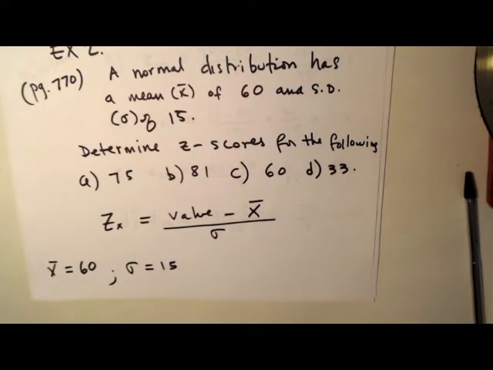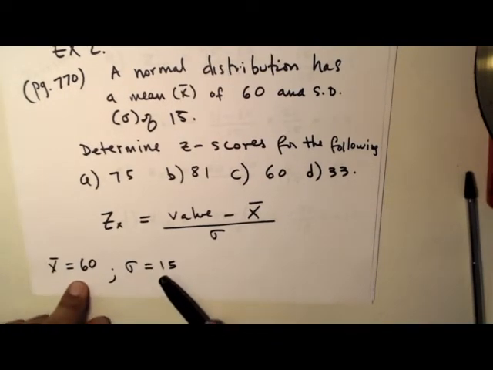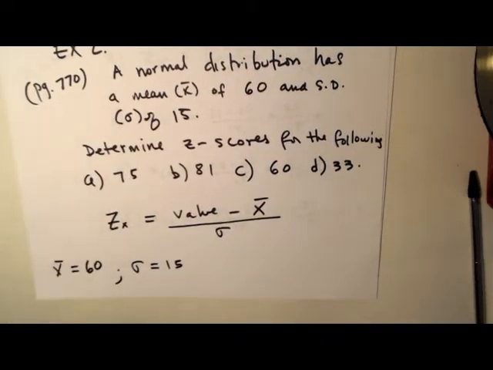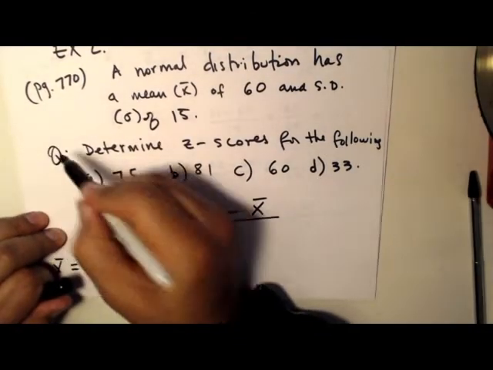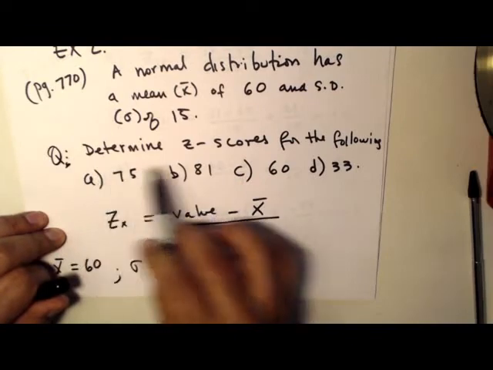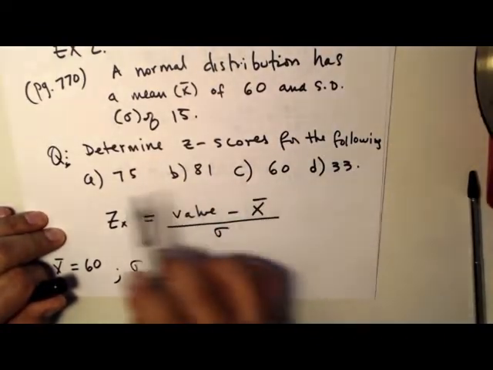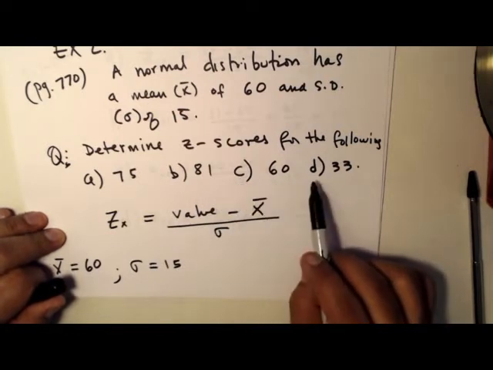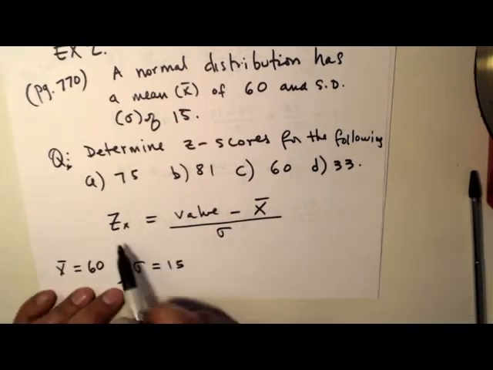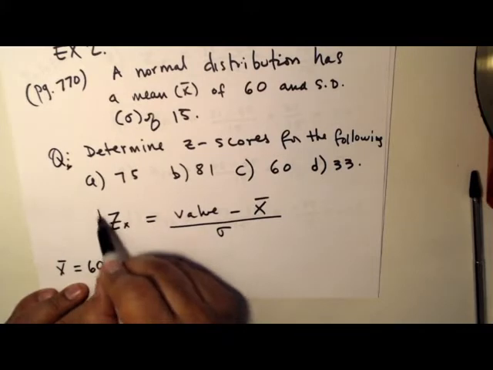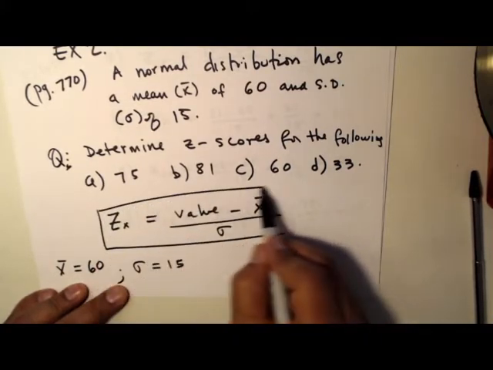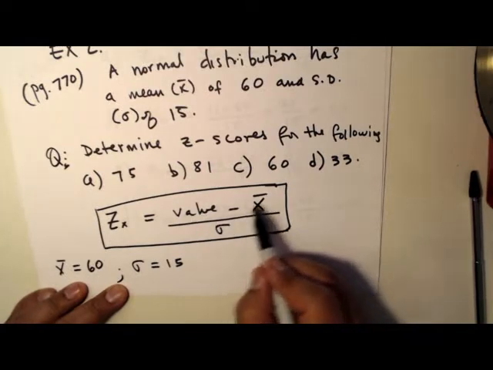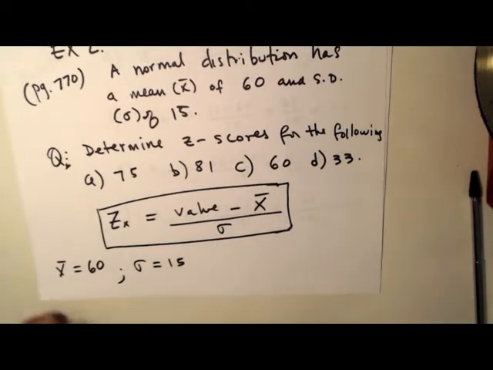So those are the data points that were given, and the question is: determine the Z-score for the following: A 75, B 81, C 60, D 33. And we need to use this formula, and by the way, this is like a shorthand, right? The value that we're interested in minus the mean divided by the standard deviation.